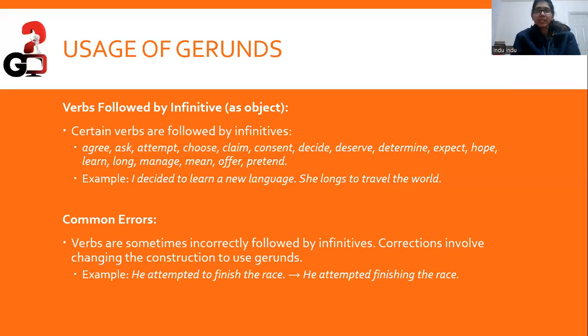So, verbs like agree, ask, attempt, choose, claim, consent, decide, deserve, determine, expect, hope, learn, long. So I decided to learn a new language. Here the verb decided is followed by learn, right? I decided to learn a new language.